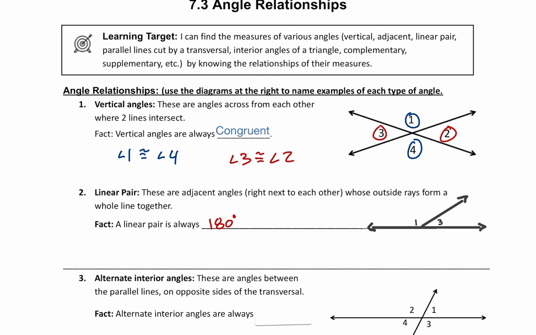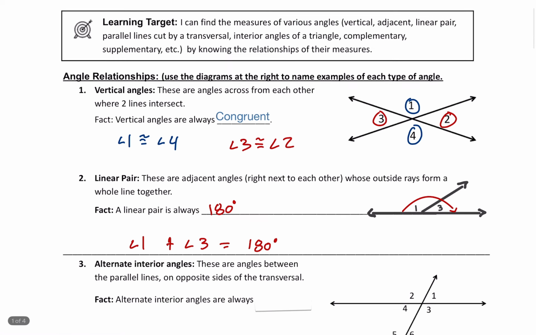If you look, angle 1 and angle 3 together are 180 degrees. They're a straight line. So we can say that in a linear pair, angle 1 plus angle 3 is going to be 180 degrees. Okay, that's a linear pair.